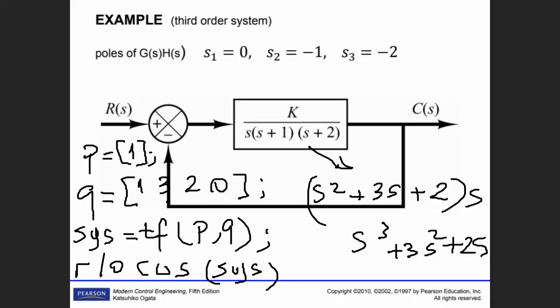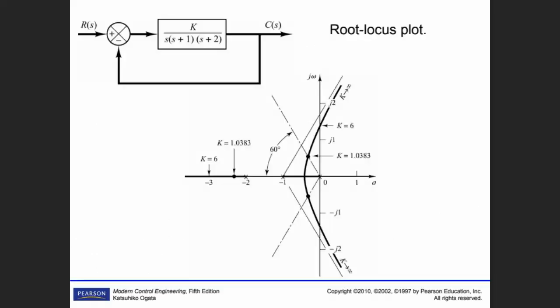That's the one. So this is the denominator of the G. P is the one here. You are not writing anything like K or something like this. When you draw it, you obtain that curve. So we are going to interpret that one.